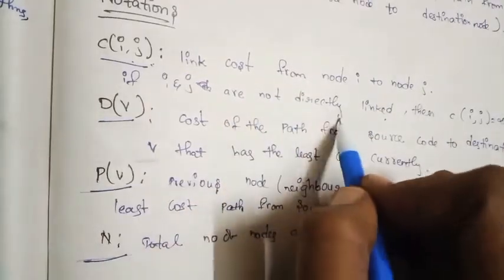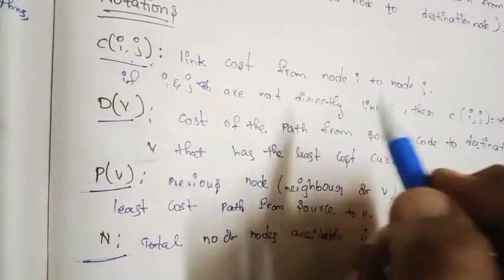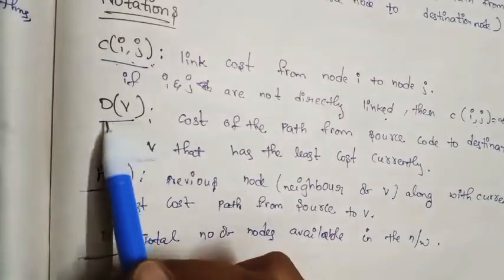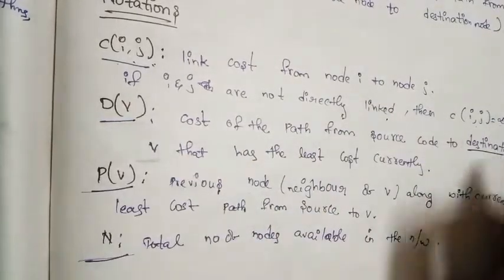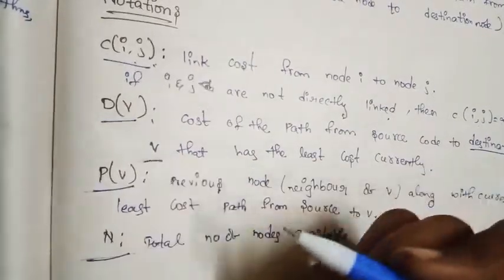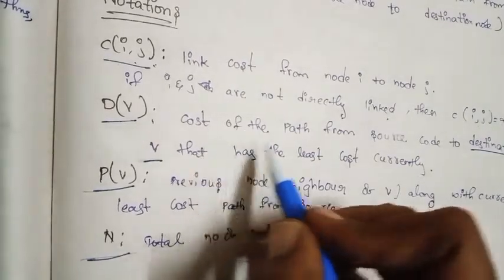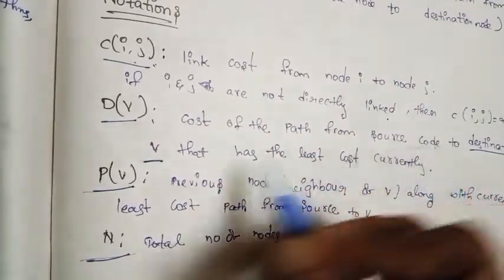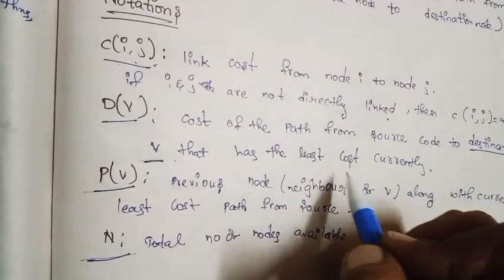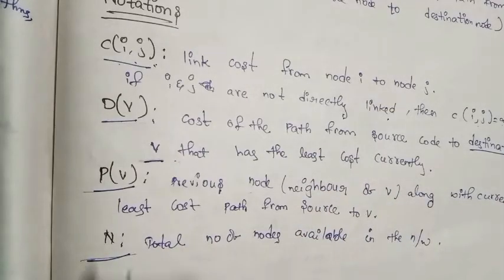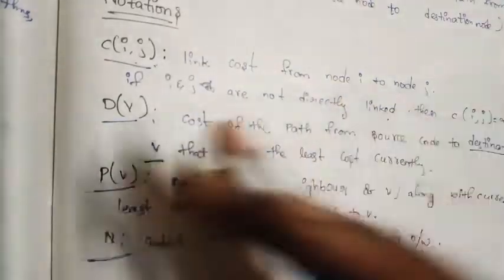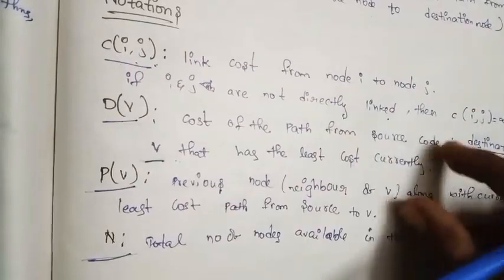If they are directly linked, then we write their cost. D of v is the cost of the path from the source to destination v that has the least cost currently. From source to destination, whatever cost we have, it is represented by D of v.